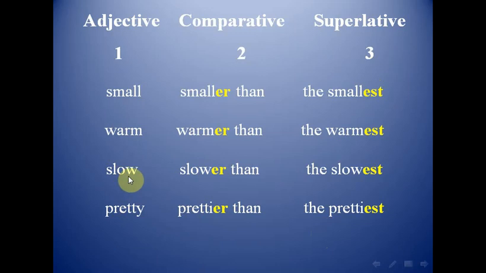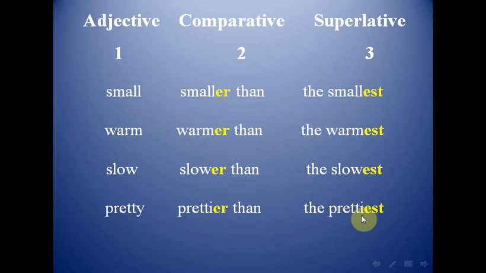Slow, when I wanted to add the er, I wrote it as it is, S-L-O-W, and I just added the er. And I did the same thing here, S-L-O-W, and I just added the E-S-T. But you look here, you see that there is a letter missing. Here we have Y, but here the Y disappeared. Where has it gone? Look here, do you find the Y here? No, it's not here.